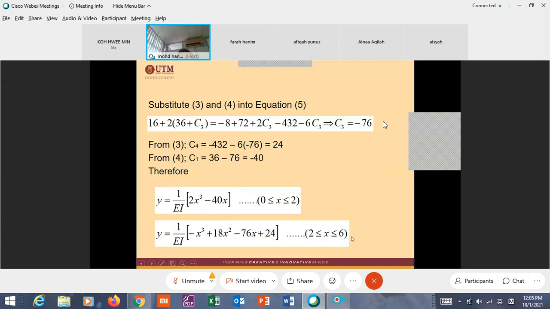No question. But in this case, the question is to determine the deflection at midspan. The midspan means x equal to 3. So what should we do? Just substitute x equal to 3 into the equation, and then this is the value.